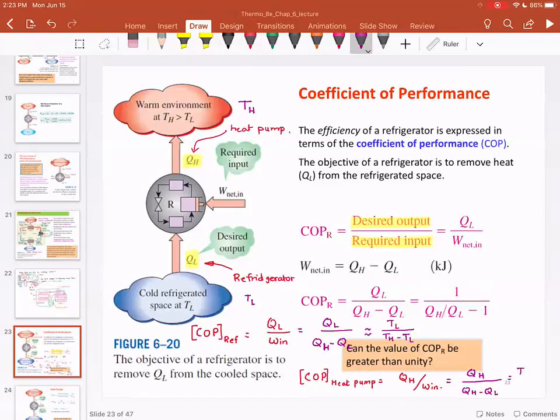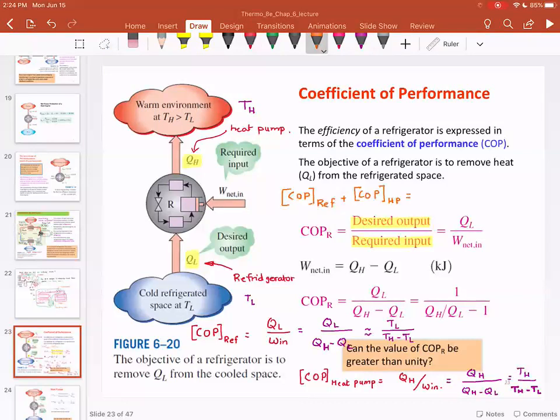And this equation comes TH minus TH minus TL. Now, I want you to verify this very carefully. Coefficient of refrigerator plus coefficient of heat pump is equal to, tell me what is on the right hand side.